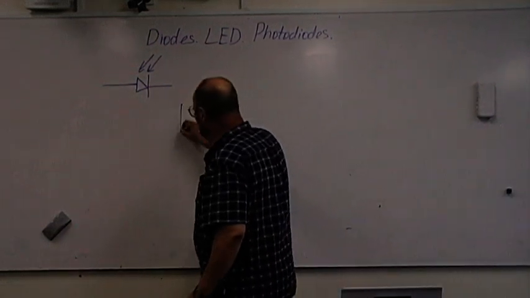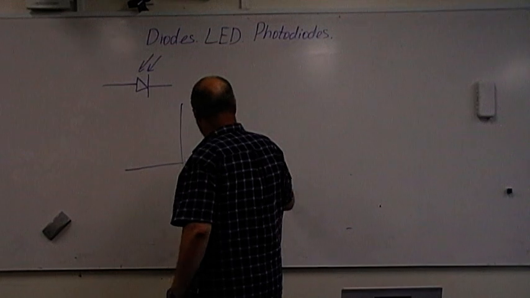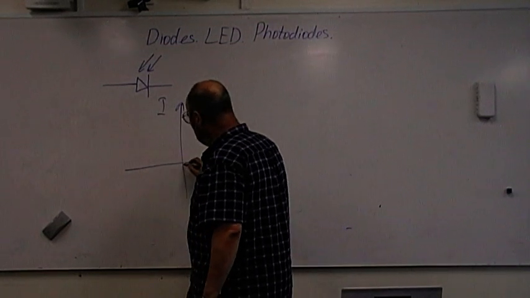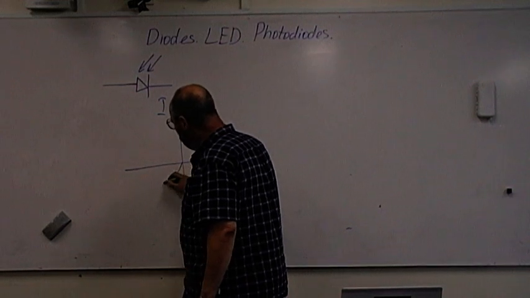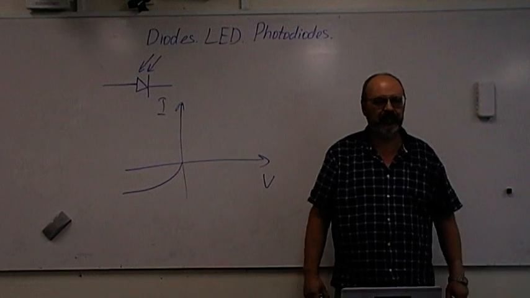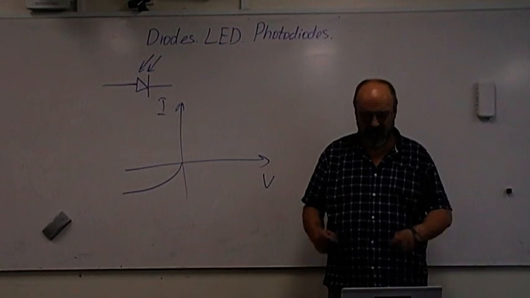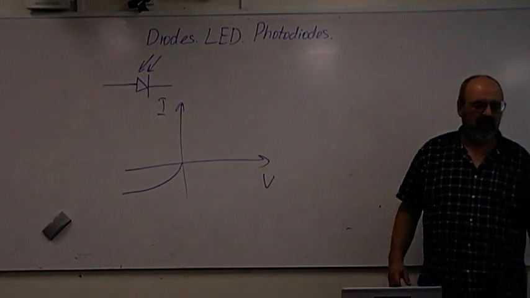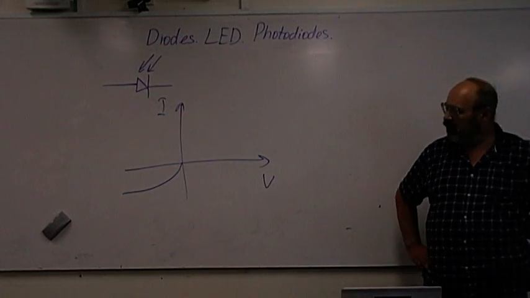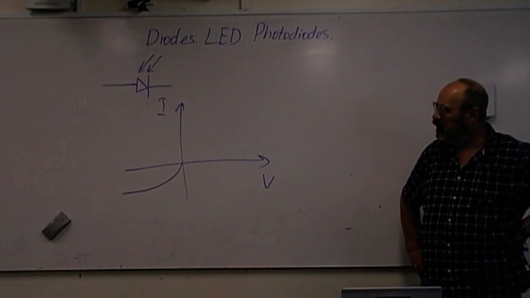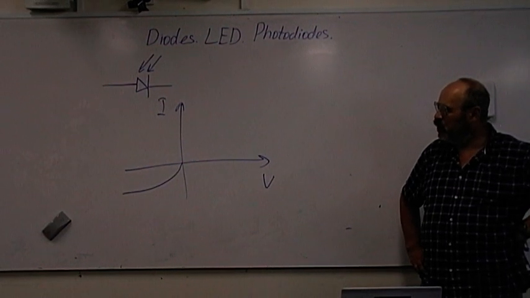So if we have the current-voltage characteristic, we're looking at this part. That will be where the photodiode works. Now, in all the problems that you will be solving, our focus is on diodes or LEDs, with very few problems with photodiodes, but that's what it is.